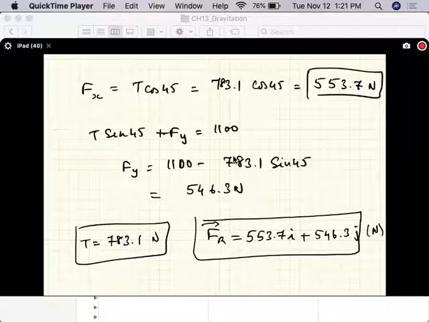All right, so there's the tension and the reaction force of the hinge on the boom.